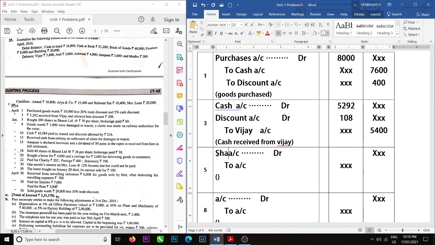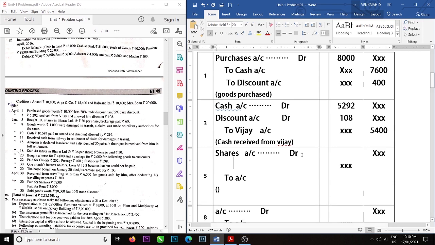We can write shares account debit, and he paid brokerage. Brokerage is expense account debit. To cash account.